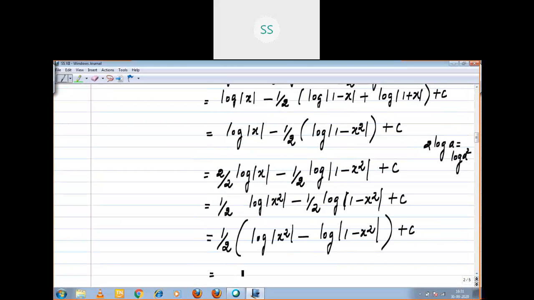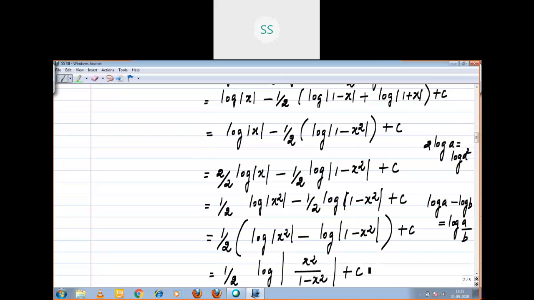Now you see 1 by 2 is common. Log a minus log b. Log 1 by 2 you should take it as common. Log of modulus x square minus log of modulus 1 minus x square plus c.